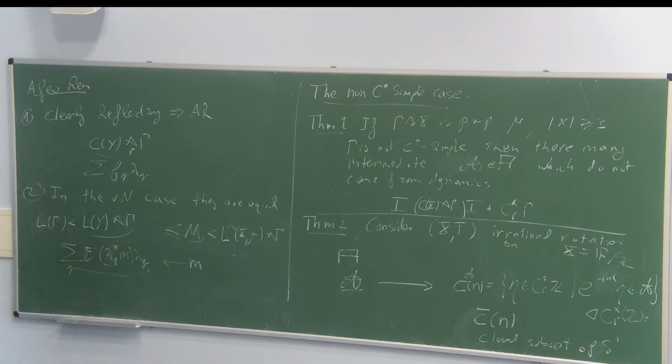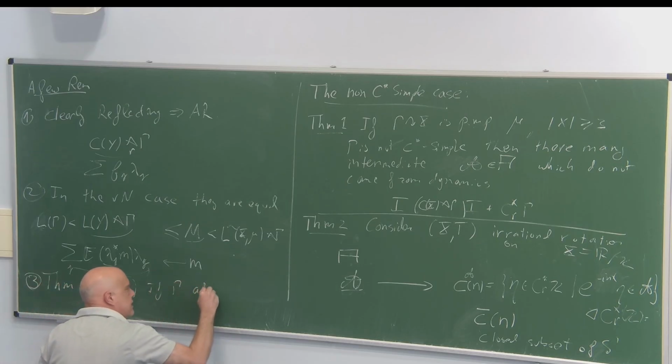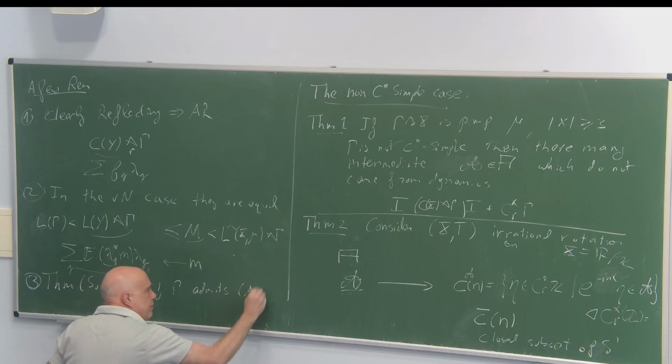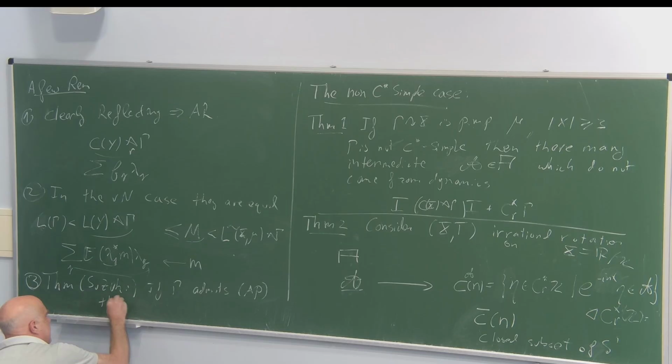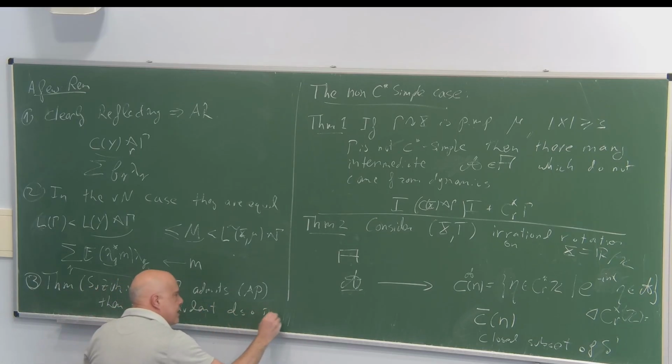here. Now, in the C-star case, this is not equivalent, but it is a theorem of Suzuki that if you have a nice enough approximation property of the group, so 3, a theorem of Suzuki, if gamma admits the approximation property AP, then this is equivalent also in the C-star setting.